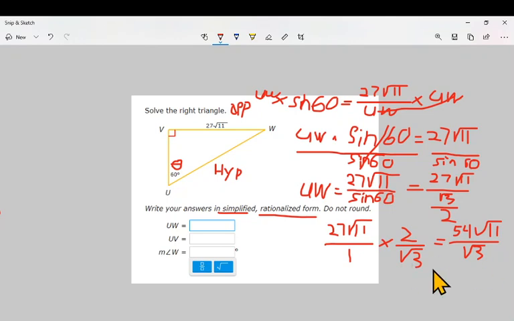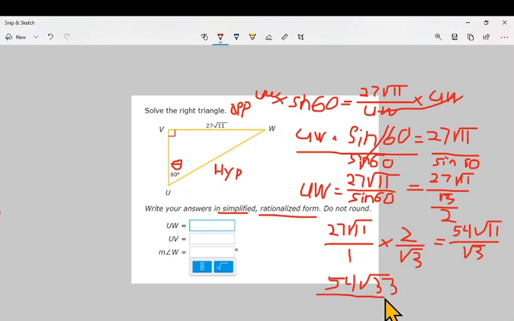It's called rationalizing the denominator if you need more practice in it. But if we have a square root on the bottom here, we're just going to multiply the top of our fraction and the bottom by that same square root. So 54 square roots of 11 times square root of 3 is going to be 54. Now square root of 11 times square root of 3 is just going to be 3 times 11, which is square root of 33.